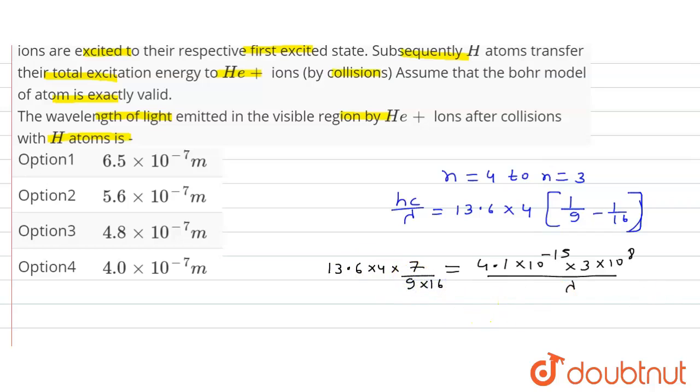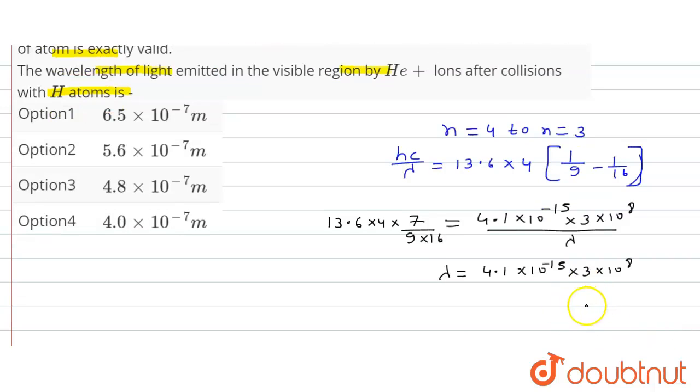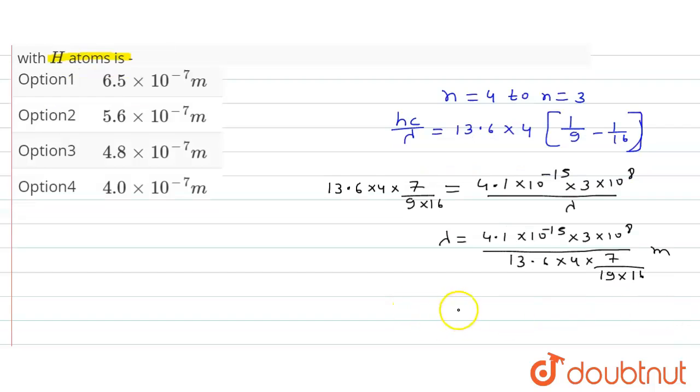So from here lambda is equal to how much? 4.1 into 10 to the power minus 15 into 3 into 10 to the power 8, hc, upon 13.6 into 4 into 7 by 9 into 16, in meter. So from here lambda is equal to how much? 4.68 into 10 to the power minus 7 meter.